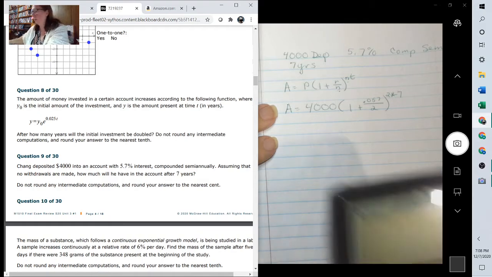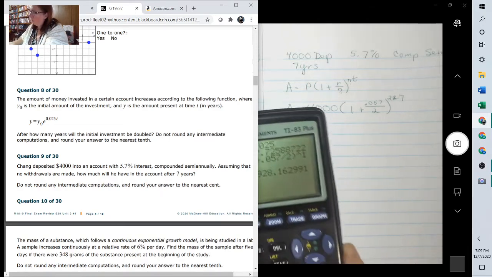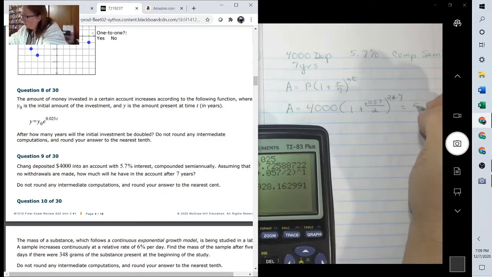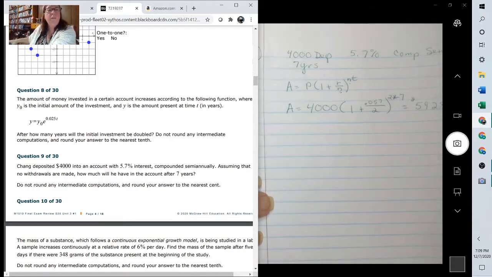And just plug it in your calculator. $5,928.16 is how much will be there at the end.